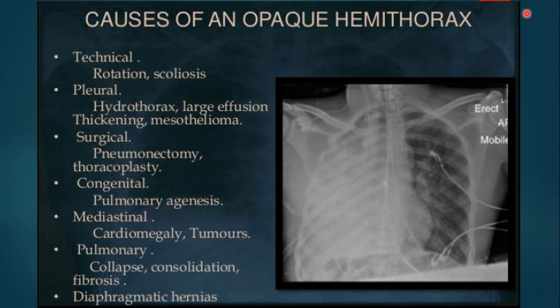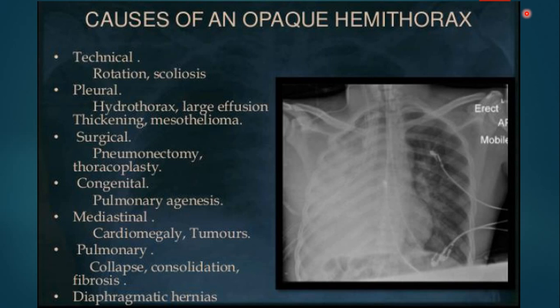Also some congenital causes like pulmonary agenesis, the lung didn't form in utero. Mediastinal causes like cardiomegaly or tumors. Pulmonary causes like collapse or consolidation in a whole lung can cause opaque hemithorax. Fibrosis also, and diaphragmatic hernias, of course big diaphragmatic hernias, not small ones.